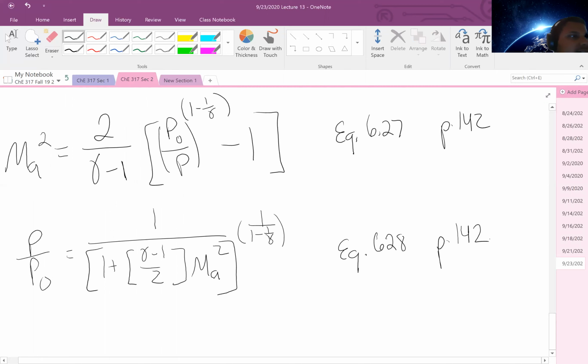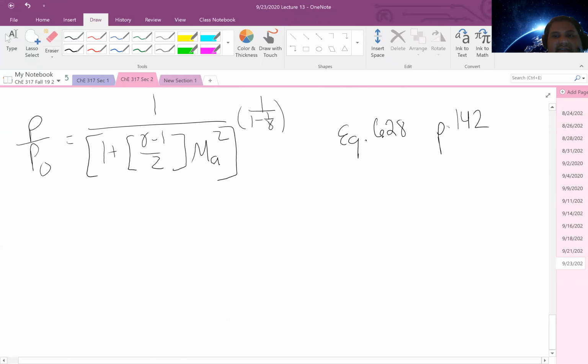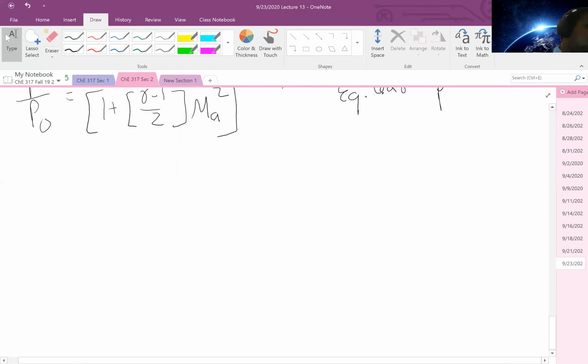Don't worry, I'll work an example with you using some of these expressions, as well as one more expression I think I may have left off, equation 626, solving for velocity in isentropic flow.